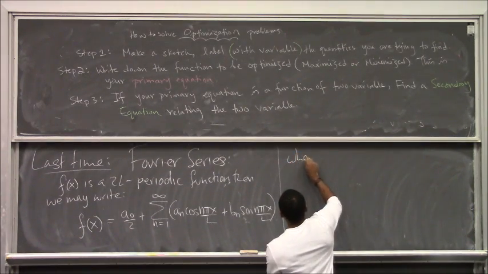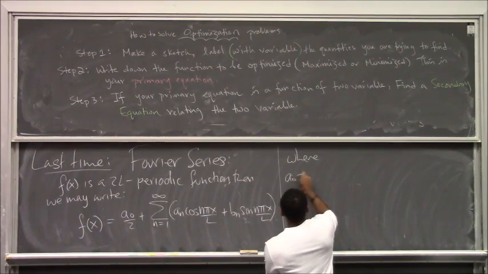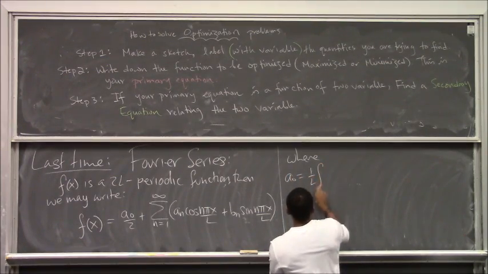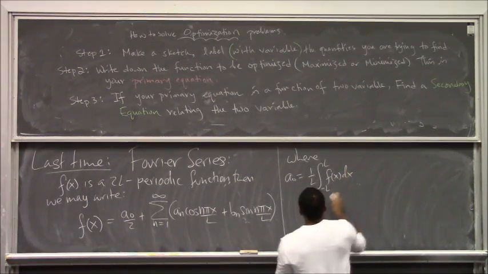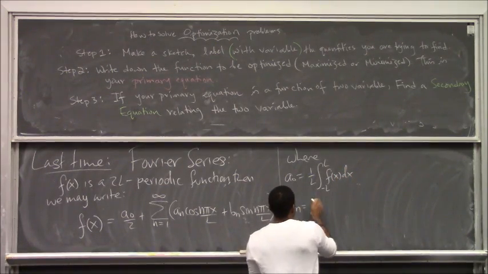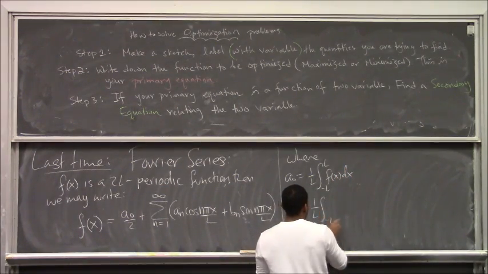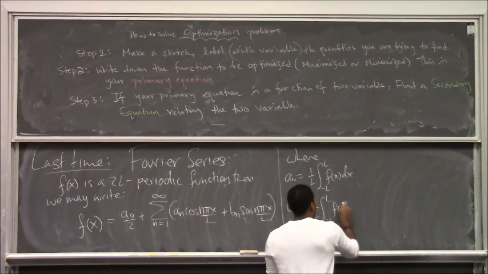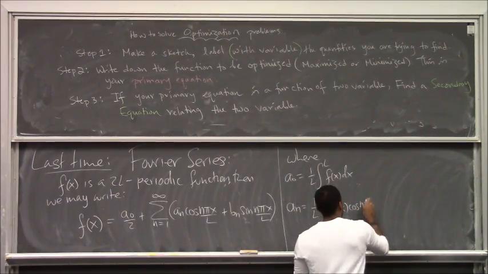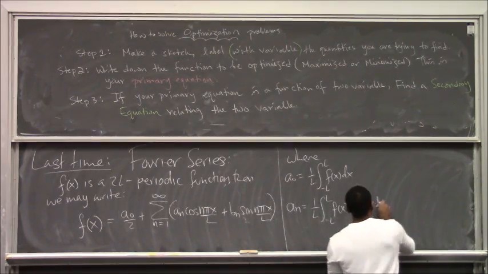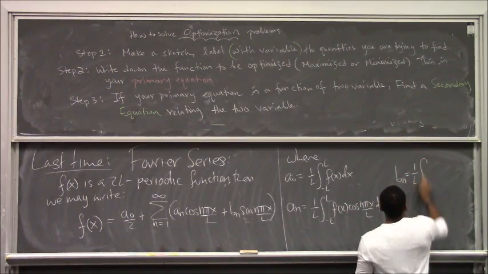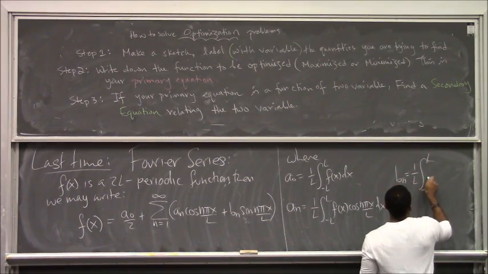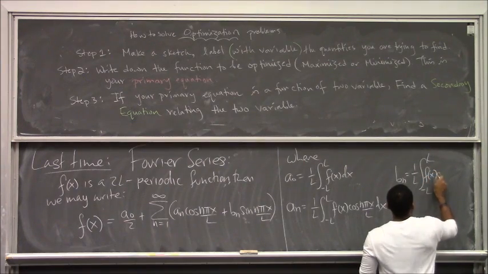So where a0 is 1 over L integral from minus L to L of f of x. An is 1 over L integral from minus L to L of f of x cosine n pi x over L. And your bn is equal to 1 over L integral from minus L to L of f of x times the sine.